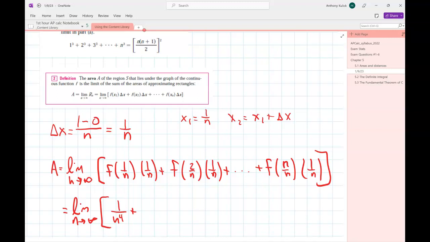I do the same thing here. I'm going to write that as 1 cubed in the top. I have 2 cubed over n to the 4th, dot, dot, dot, plus n minus 1 cubed over n to the 4th, plus n cubed over n to the 4th.